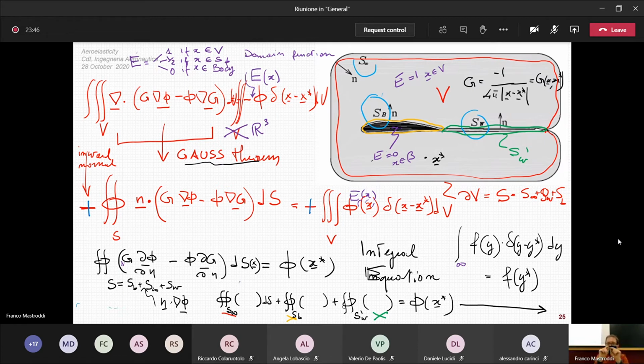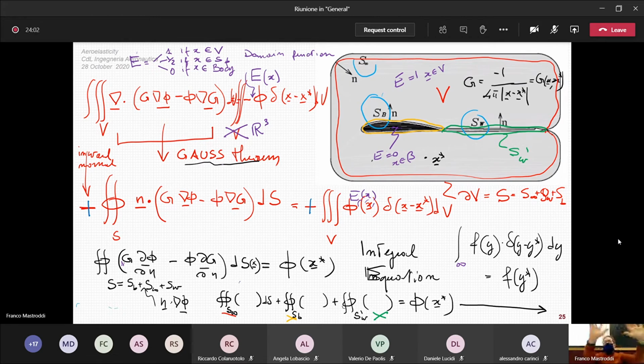However, this value is related to the angle that an eye positioned in the x star point is able to view the body surface.